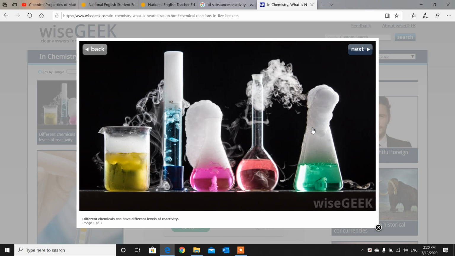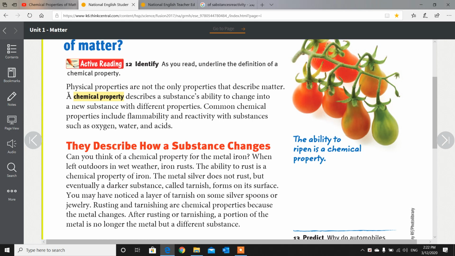So reactivity, guys, is the ability of a substance to interact with another substance and form one or more new substances. So if we interact the baking soda with the vinegar, we will have carbon dioxide gas, and we will have water.